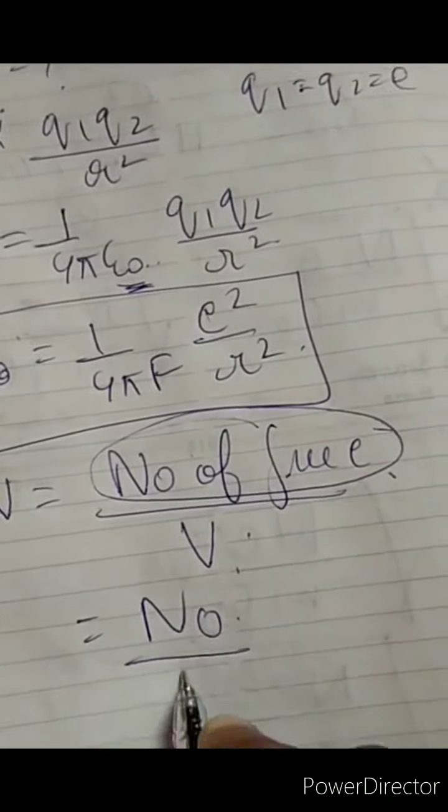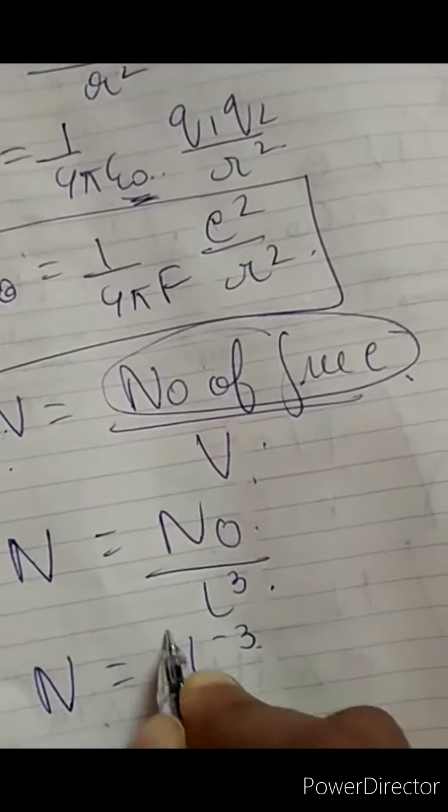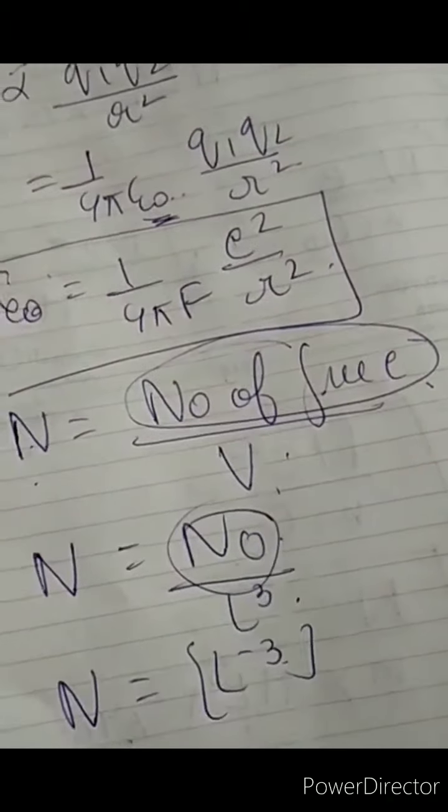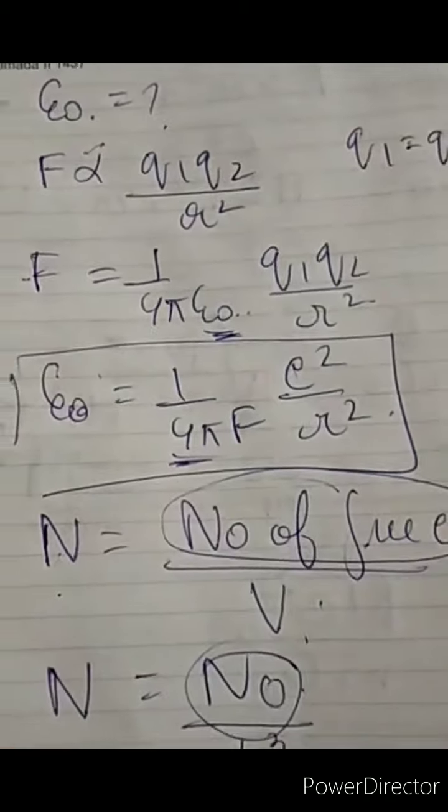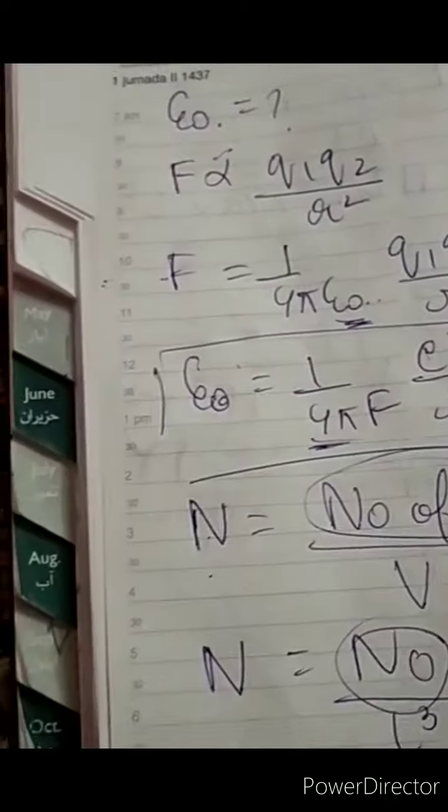So number upon volume, and volume is L cube. So the dimensional form of n is L to the power minus 3. You skip the number because it is already a dimensionless quantity. And yes, you can skip 4 pi too, because it is a dimensionless quantity. It doesn't make a big difference.